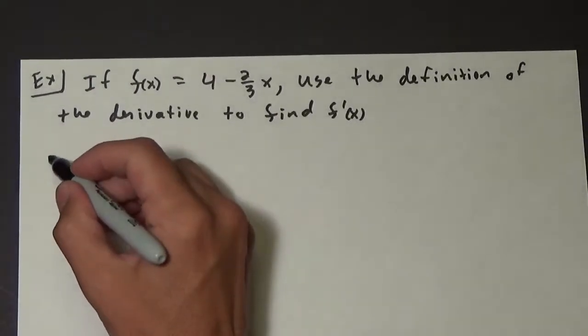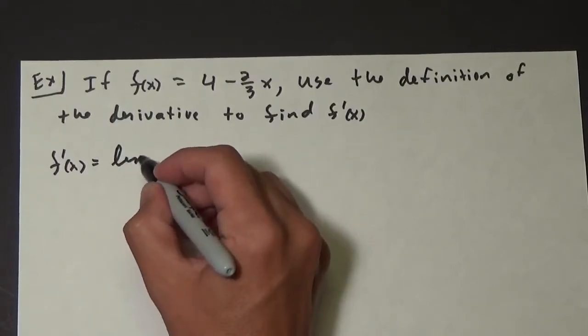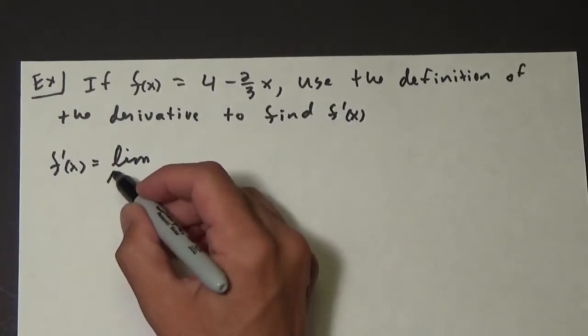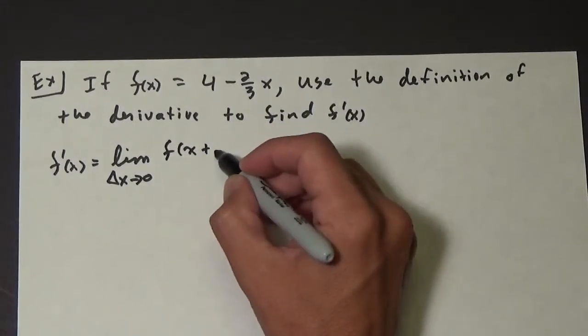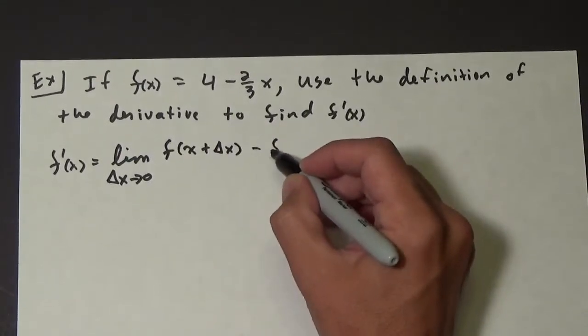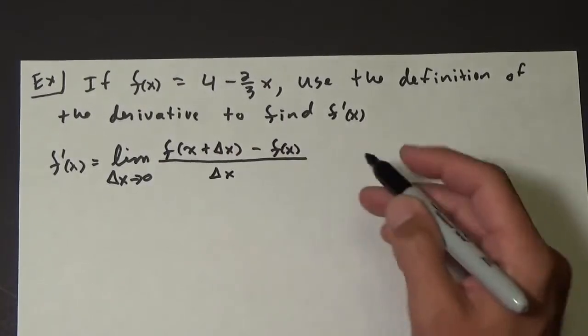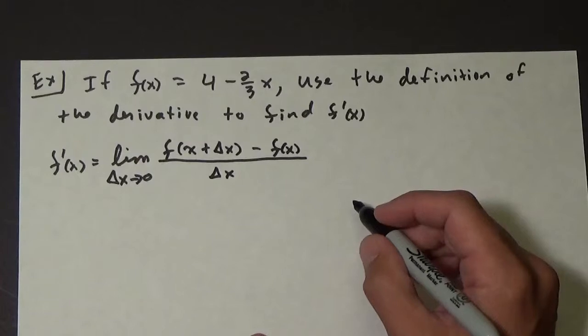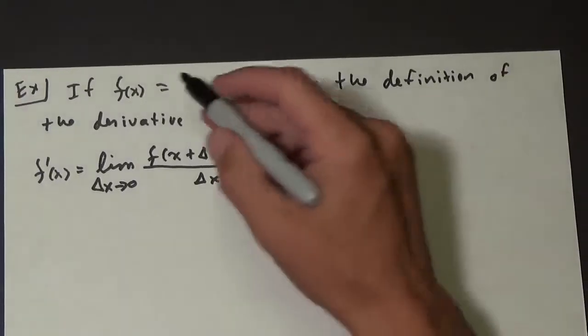So the definition, again, f prime of x equals the limit as delta x approaches 0 of f of x plus delta x minus f of x all over delta x. Alright, so again, f of x we have right there.